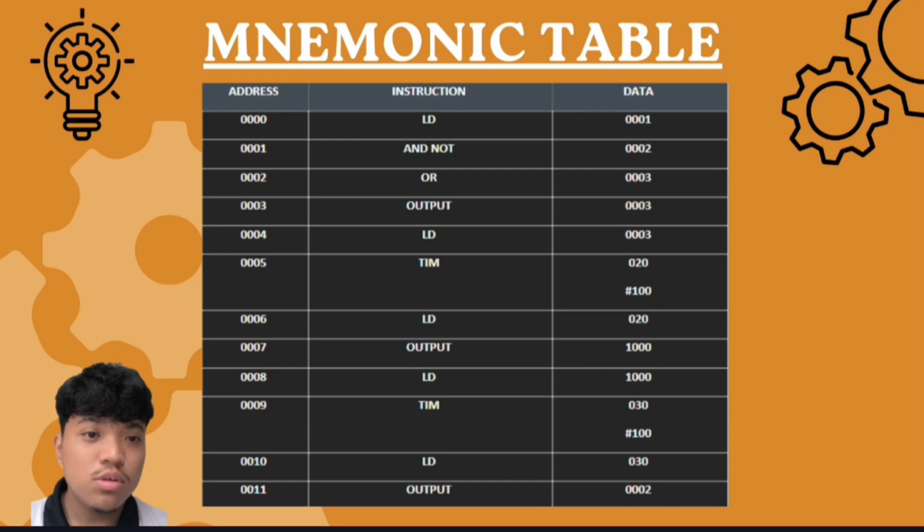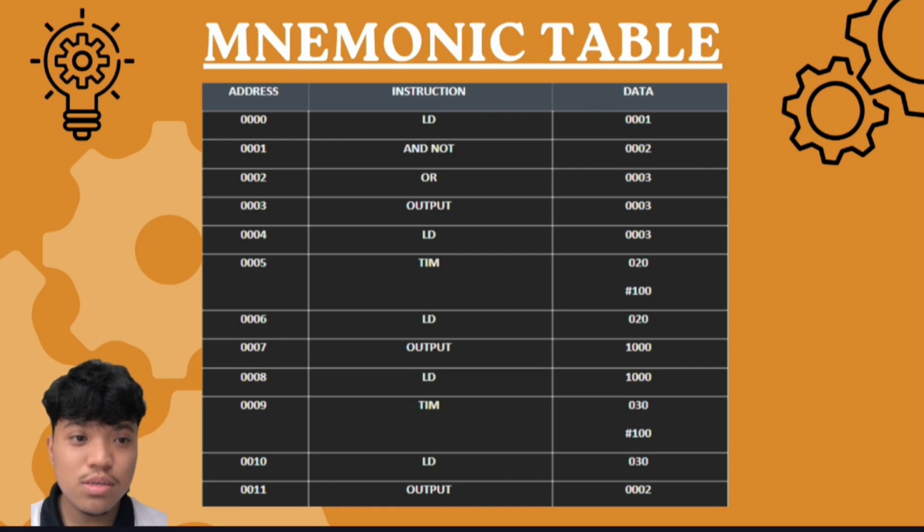And then we have 0003, the instruction is output, the data is 0003. And then we have 0004, the instruction is LD, the data is 0003. And then we have 0005, the instruction is TIM, the data is 020, hashtag 100.